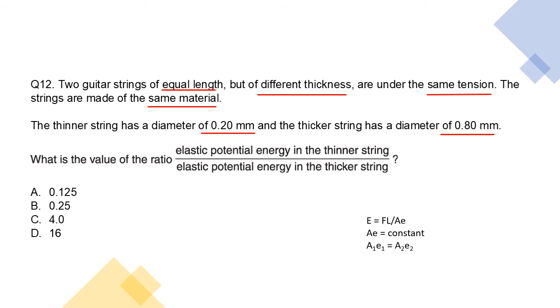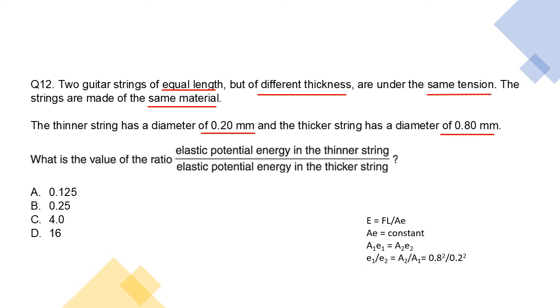Now, if you consider the areas given to you, the extension of the first or thinner wire divided by the extension of the thicker wire, when you rearrange, E1 over E2 is equal to A2 over A1. So it is the other way around. So you get 0.8 square divided by 0.2 square.